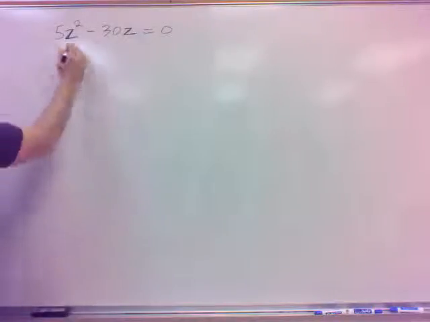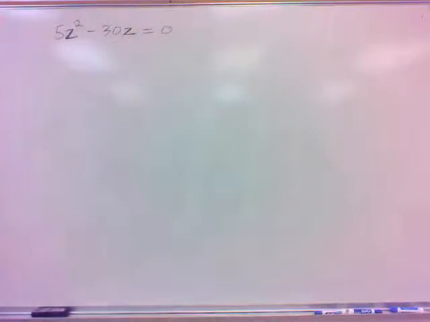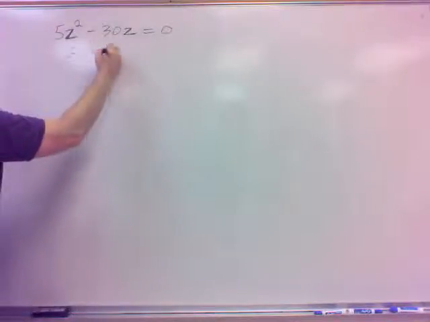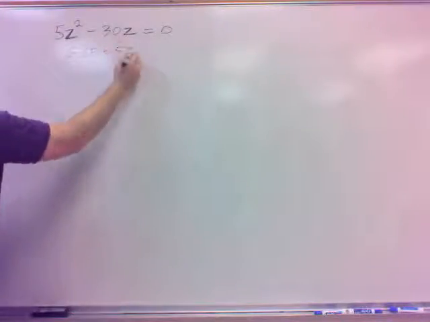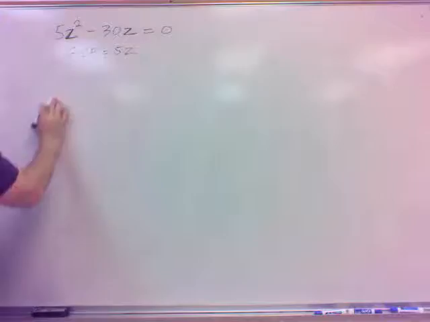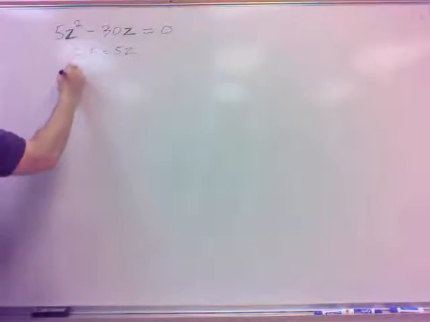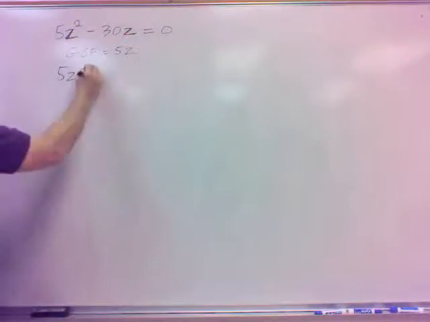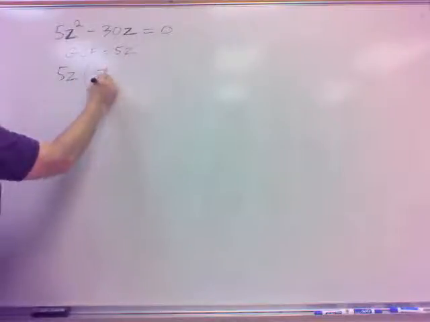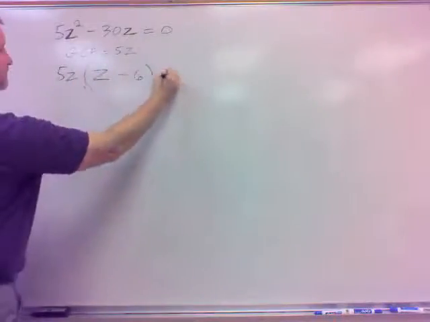How about that? So it's GCF, isn't it? Always looking for a GCF. We do have a GCF of 5z. Yep, 5 is a common factor, and z is a common factor, so I'm going to do that factoring. What does that leave me? Parentheses z minus 6. Okay?